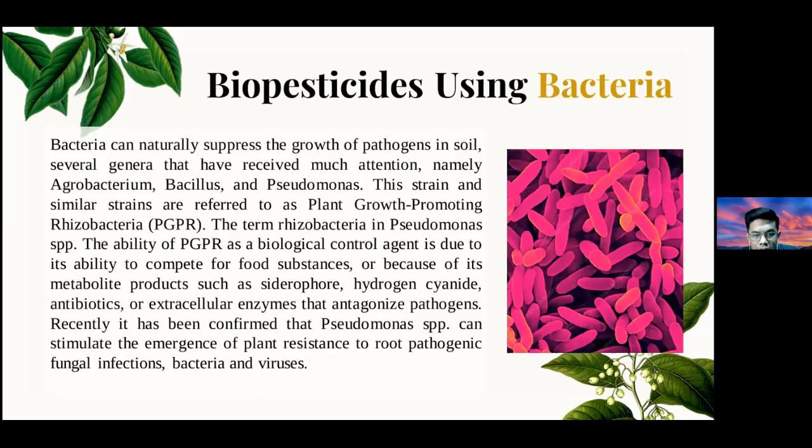The ability of the PGPR as a biological control agent is due to its ability to compete for food substance or because of its metabolite products such as siderophore, hydrogen cyanide, antibiotics, or extracellular enzymes that antagonize pathogens. Recently, it has been confirmed that Pseudomonas spp can stimulate the emergence of plant resistance to root pathogenic fungal infection, bacteria, and viruses.